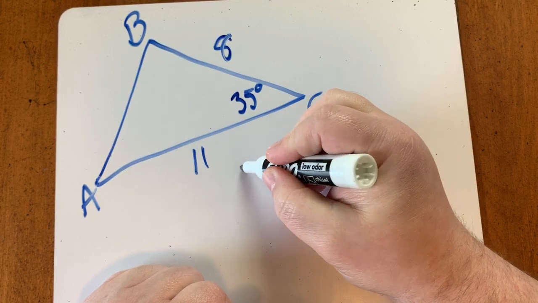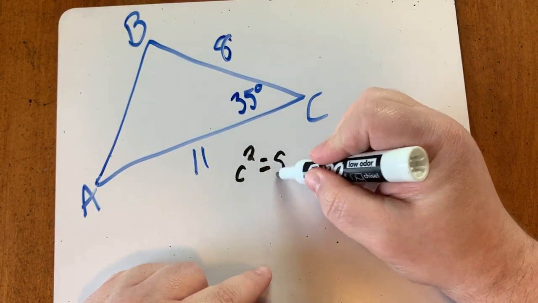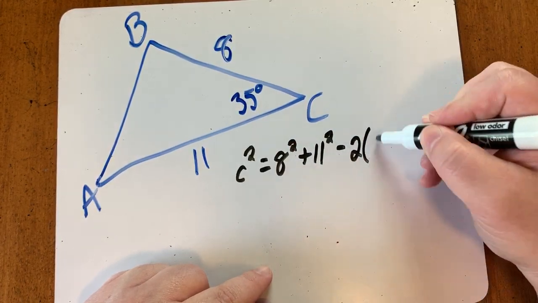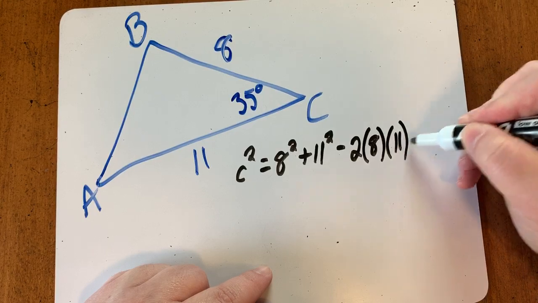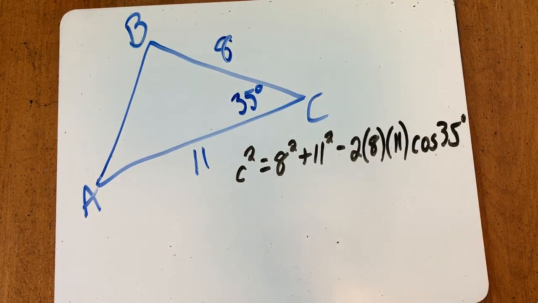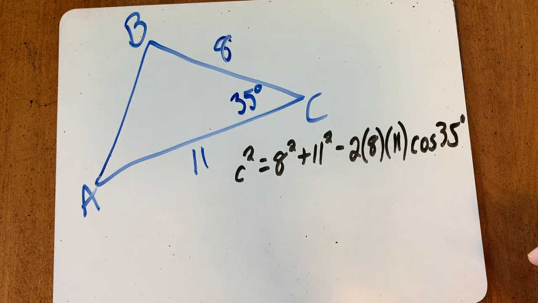We would do C is the only side we don't know, so that's left alone. And then A squared plus B squared minus 2 times A times B times cosine of C. And you would evaluate that out, just solve that and take the square root, and that will give you the length of the side.